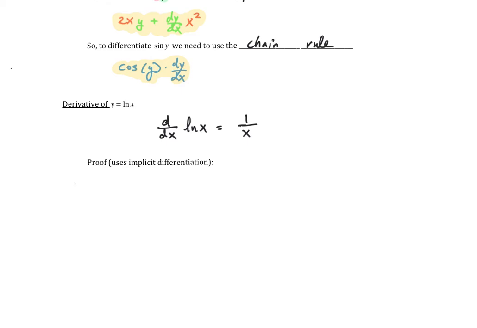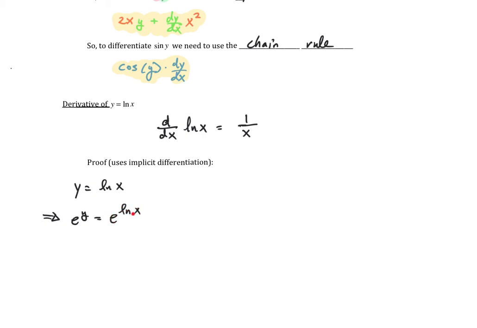We start with y equal to natural log of x, and then the next thing I want to do is raise e to both sides. So I have e to the y is equal to e to the natural log of x. And then if you look, e to the natural log of x, these two functions are inverses of each other, right?